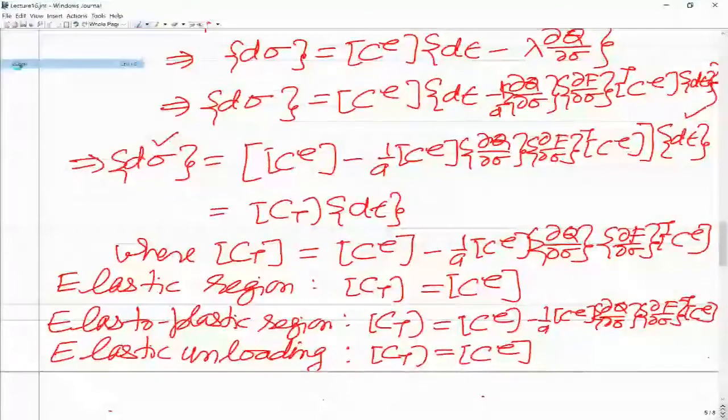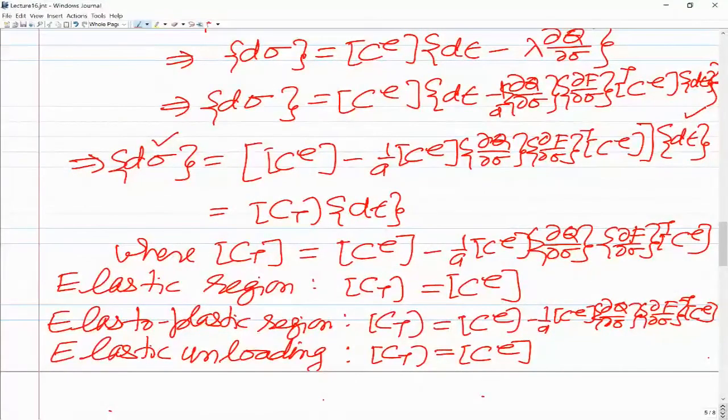So this is the Ct, the tangent constitutive matrix which relates the incremental stress and strain. It will be given by Ce or this expression, depending on what state of loading you are in, whether it is elastic loading, elastoplastic loading, or elastic unloading.